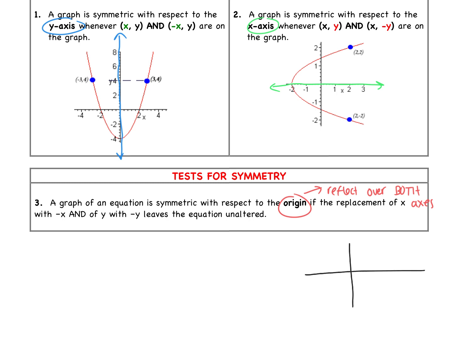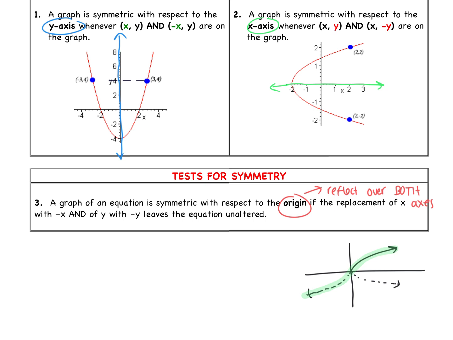For example, if this was the start of my graph, if I reflected over the x-axis and the y-axis, order doesn't matter, so I reflect over x, and then I take that and I reflect it over the y, then this whole graph is symmetric with respect to the origin. Because if I take one half and reflect it both ways, I'm going to get the other half.